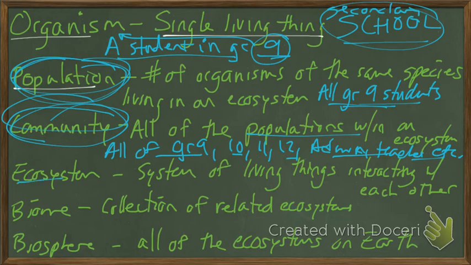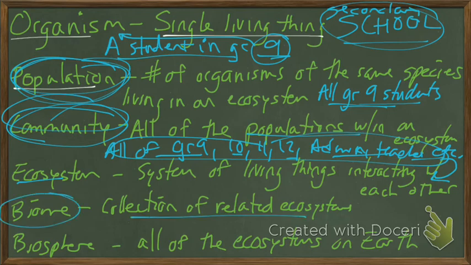Your ecosystem. This is all of these groups interacting with each other. So that day-to-day business, what does it look like? How are those interactions taking place? Are there resources being transferred from one side to the other? The biome is a collection of all the related ecosystems.